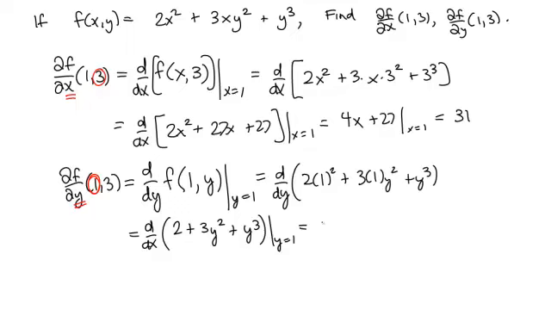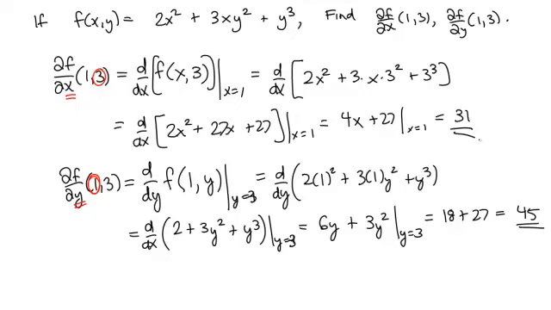The derivative of 2 is 0, the derivative of 3y squared is 6y, the derivative of y cubed is 3y squared. Oops, not y equals 1, sorry about that, it was y equals 3 the whole time. Plugging in y equals 3, we get 18 plus 27, and 18 plus 27 is 45. And so those would be our two different slopes.